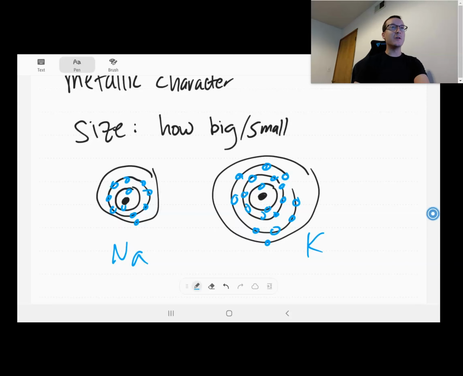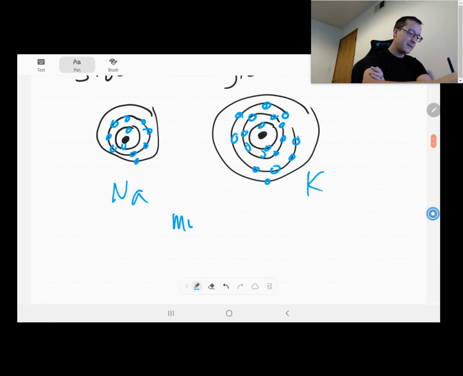So, yeah, potassium. Cool. So, definitely bigger. We can see that, right? We see that this guy has more rings around it. We see potassium has 4 rings. It's got 4 shells, whereas sodium has 3 shells. So the first conclusion we're going to be able to come up with is that more shells is bigger.